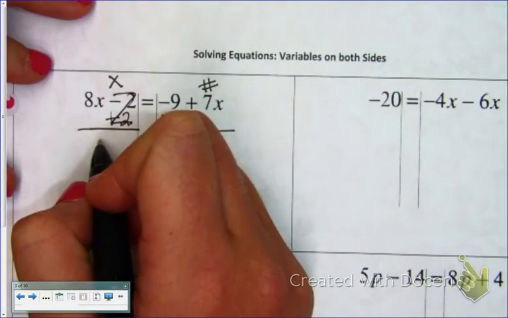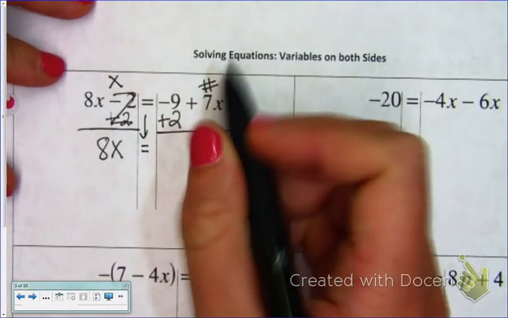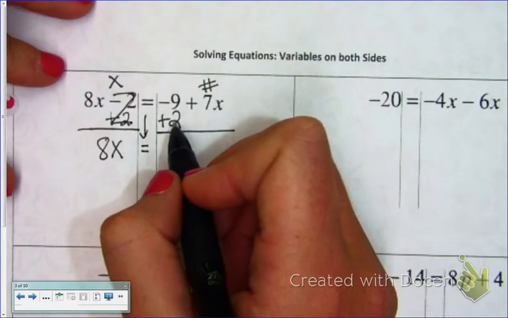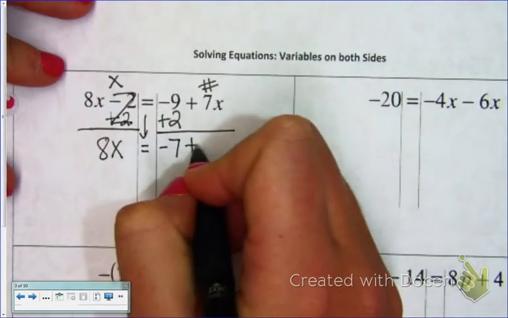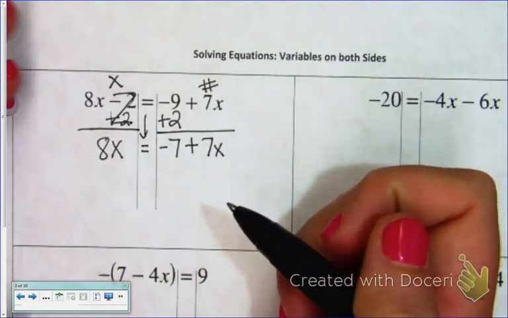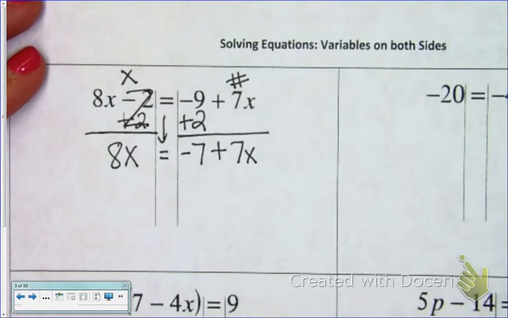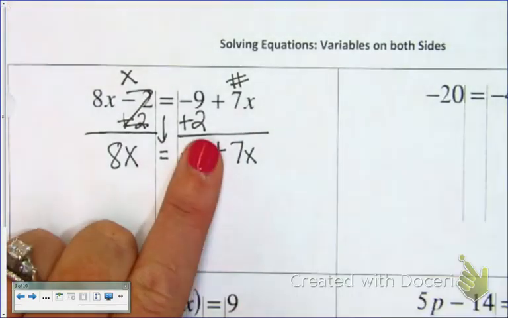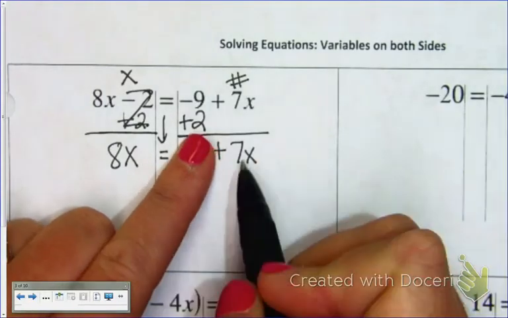Okay, so then I bring down my 8x over here, bring down my equal sign, negative 9 plus 2, it's still going to be negative, so a negative 7, and then I have my plus 7x. Now we're not finished because we have to get all of our x's on one side. So I'm going to keep my negative 7 here, and I have a positive 7x, so I want to make this go to 0.